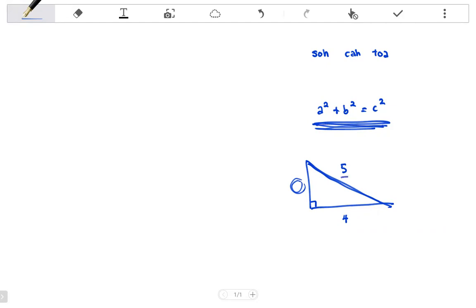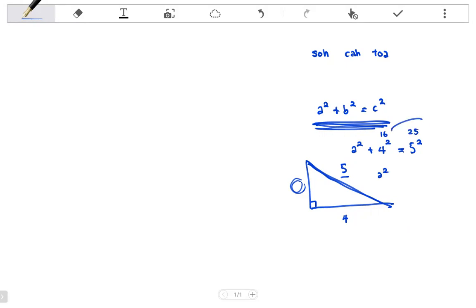So 5 is going to be c, since c squared is always going to be the hypotenuse squared. So 5 squared equals 4 is going to be b. Oh, not an equal sign. Plus a squared, right? And this is how we solve for a. So 4 squared is going to be 16. 5 squared is going to be 25.